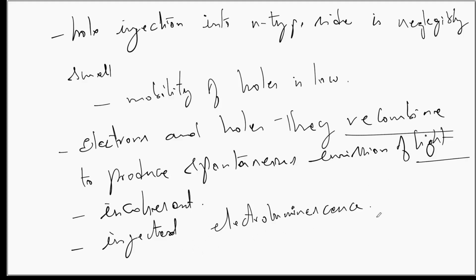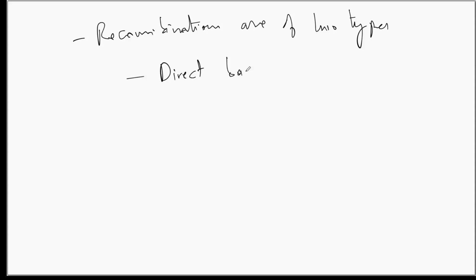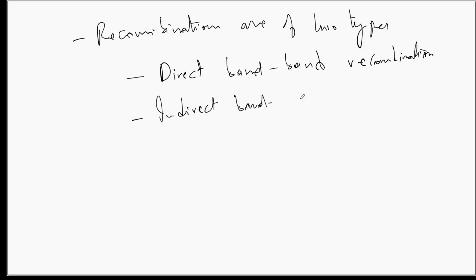as injected electroluminescence. Recombinations are of two types. This is governed by the choice of the material used for the p-n junction. The first one is direct band-to-band recombinations and indirect band-to-band recombinations.